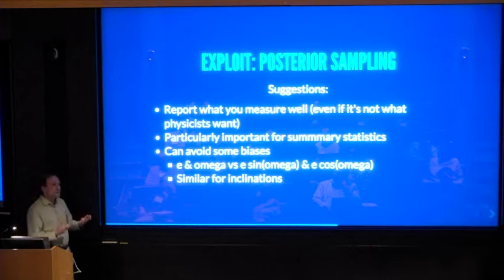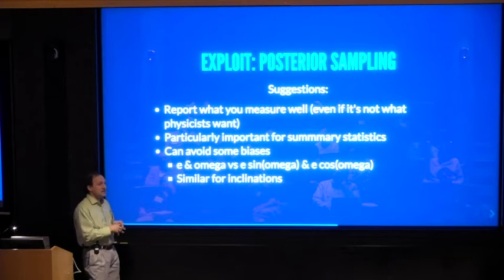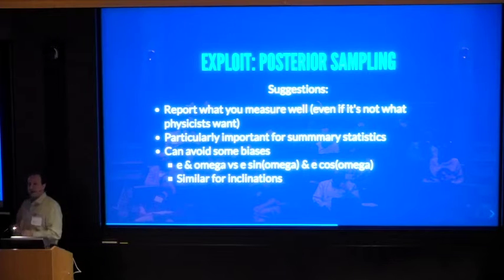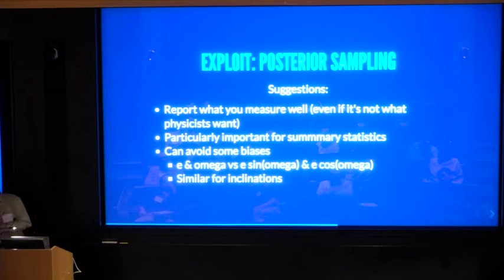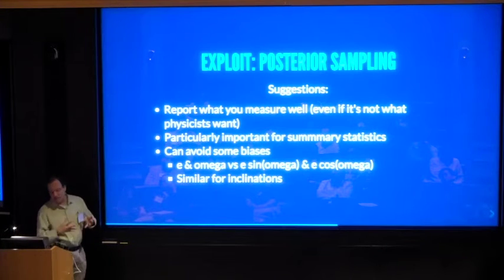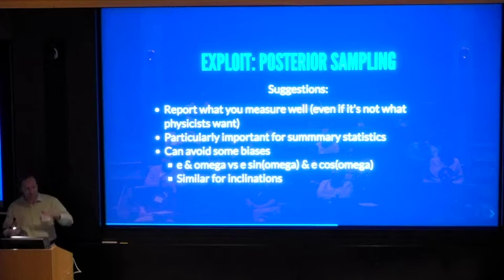If instead you summarize your data set in terms of e sin omega and e cos omega, now each of those can be measured as positive or negative, and regardless of which particular model you're using, you can have a method that's no longer biased and allows you to do scientific inference in a more responsible way. You can have similar effects for things like inclinations, in some cases even masses, parallaxes. We saw earlier people advocating treating it as measurements rather than estimates of the parameter you want.